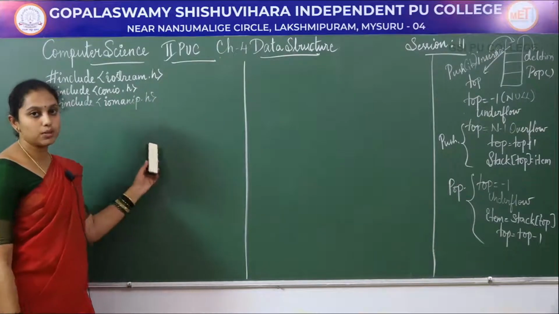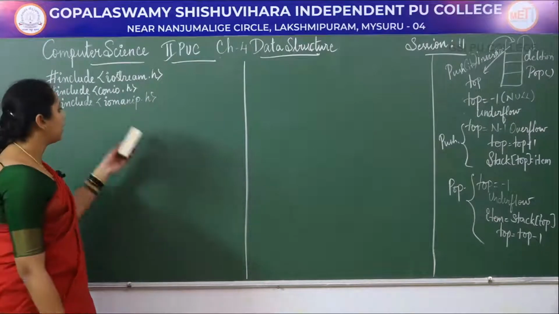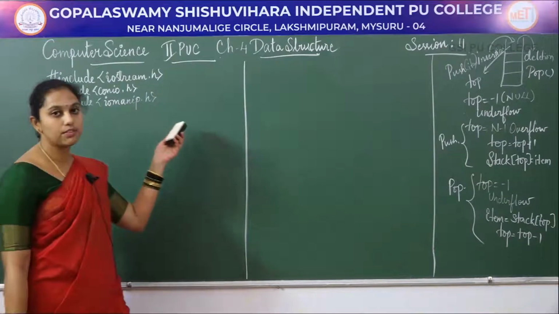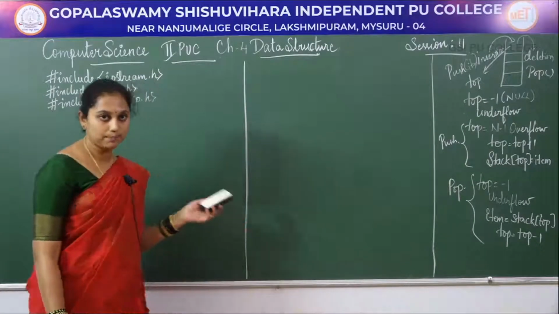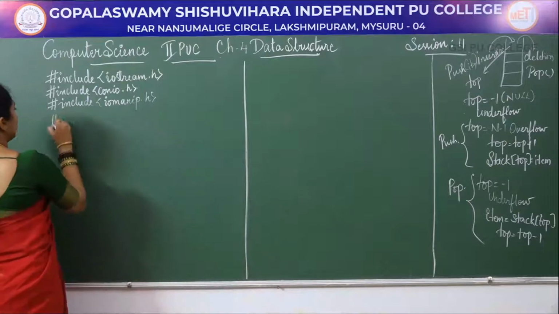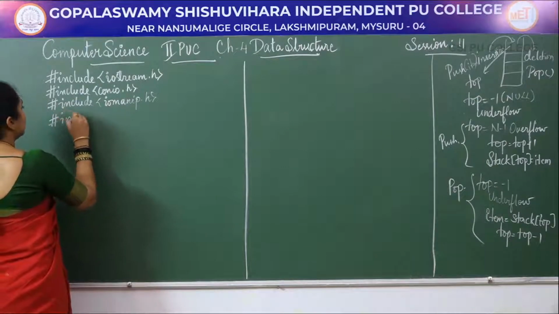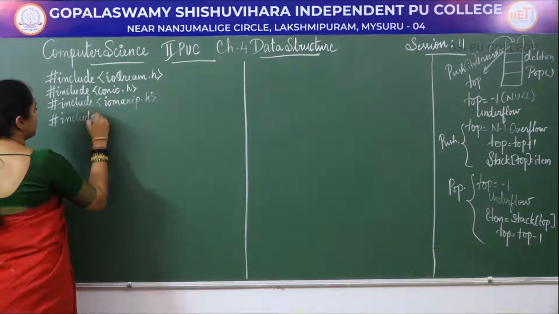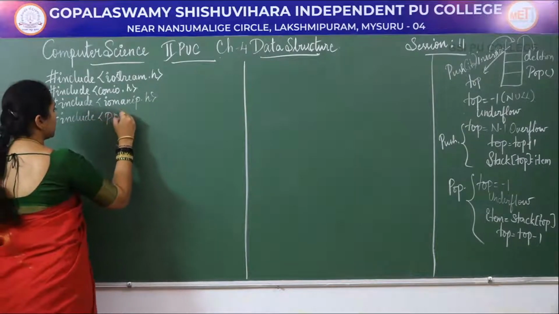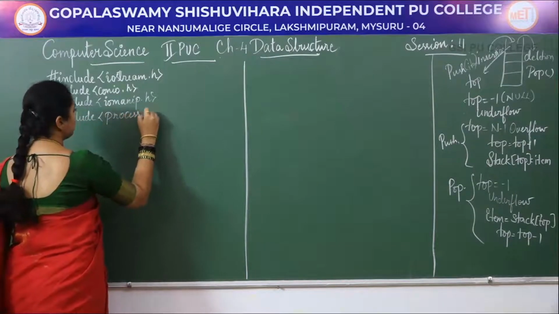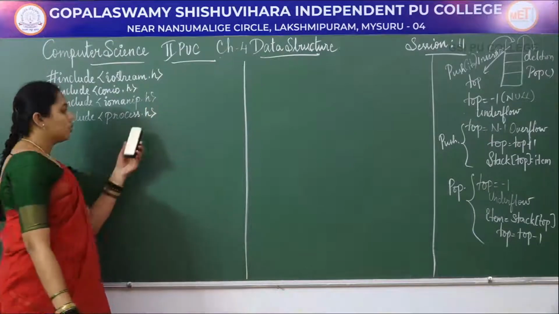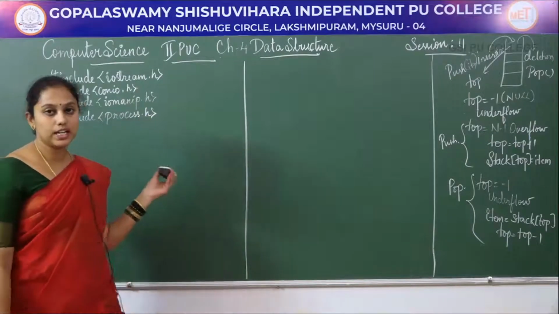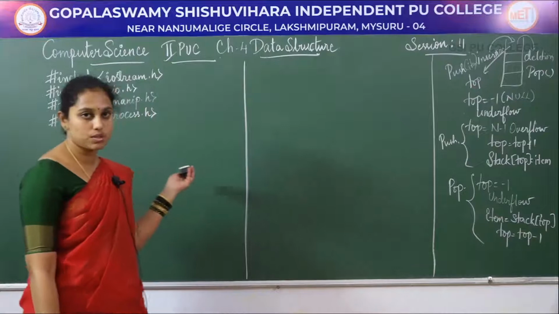If I want to use the setw function, then I have to use this header file in our C++ program. Next header file is #include process.h. This header file is used for function declaration as well as macros.